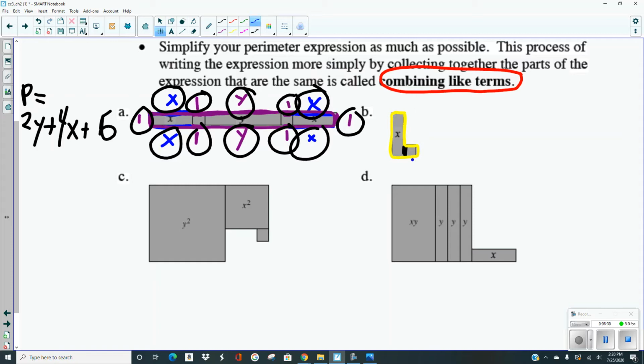So let's start off with that unit tile and label each side length. The fourth one is inside, so I do not need to label that because I'm only being asked to find the perimeter. Now let's go ahead and continue.